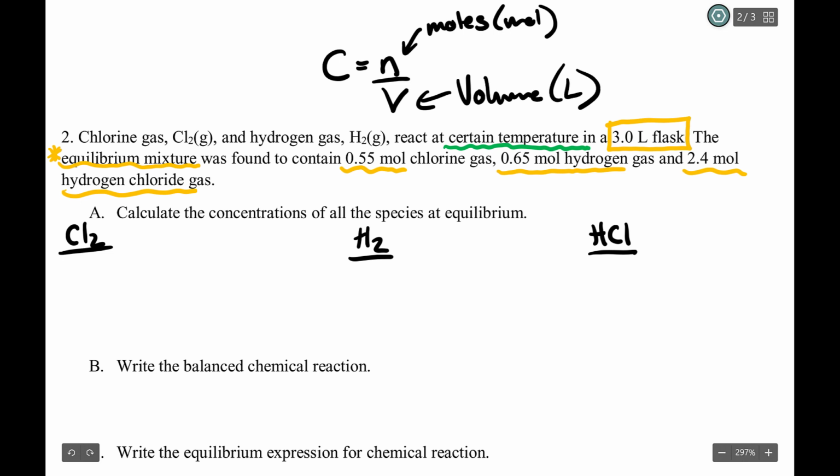So if it's in milliliters, you would have to convert it to liters, and same thing with moles. You have to have everything in the same unit of moles, so it could be all millimoles or all moles or all kilomoles. As long as the unit of the mole is consistent, you're fine. So I'd like you to pause the video now and try calculating those 3 concentrations using a 3-liter volume and then those numbers of moles for each substance.